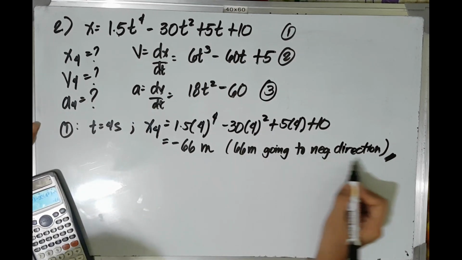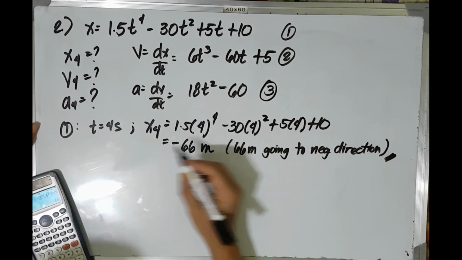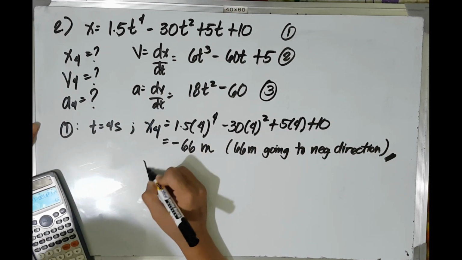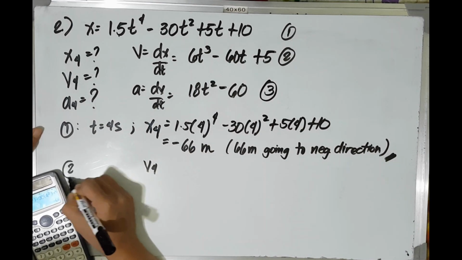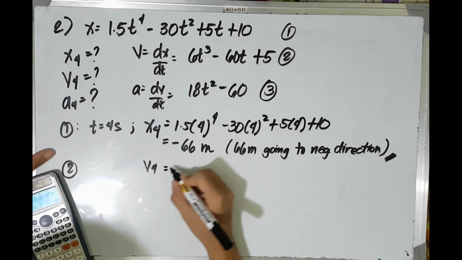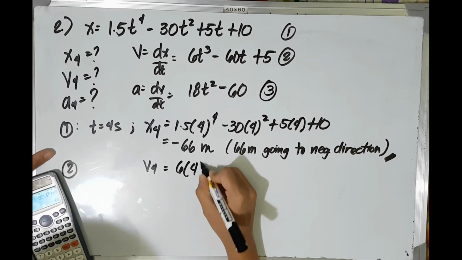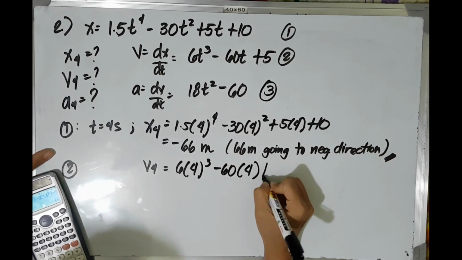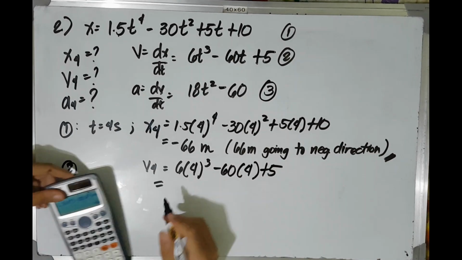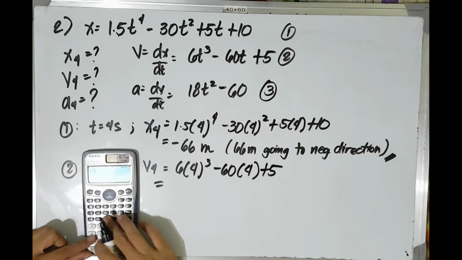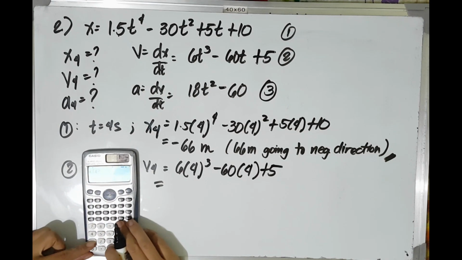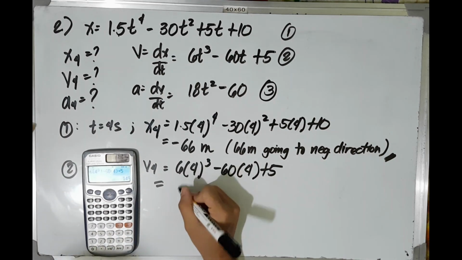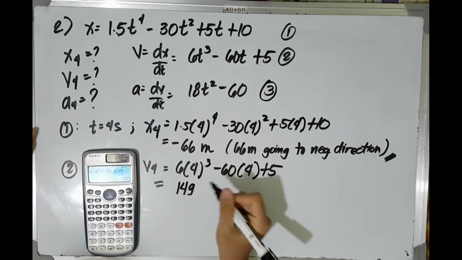Then for item number 2, the velocity at 4 seconds. So 6 multiplied by 4 raised to 3 minus 60 times 4 plus 5. So the velocity at the 4th second will be equal to 149 meters per second.